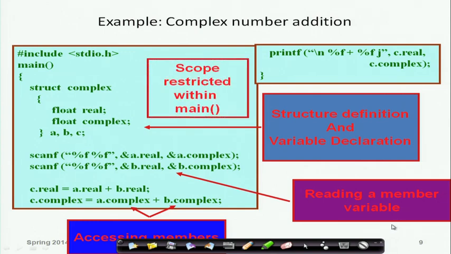Now, one thing to note is, when I am declaring this structure inside the main, then the scope of these variables, real and complex, or this structure as such, is within the main. So, if a structure is defined within a function, then as we exit that function, the life of that particular structure will end at that point.